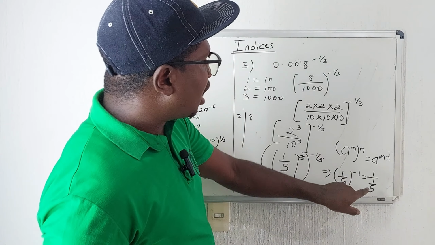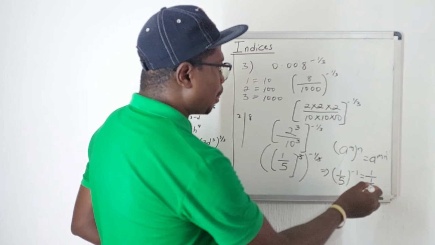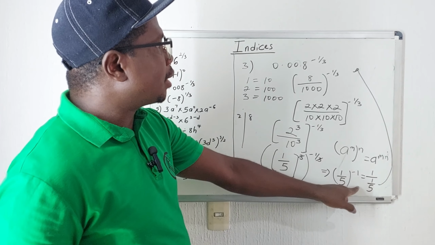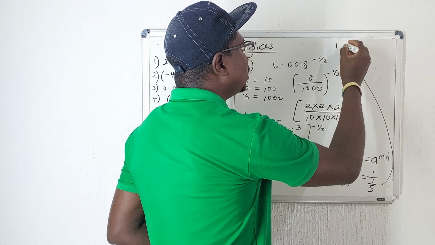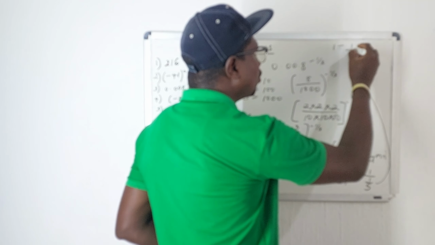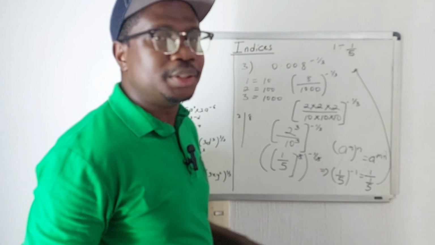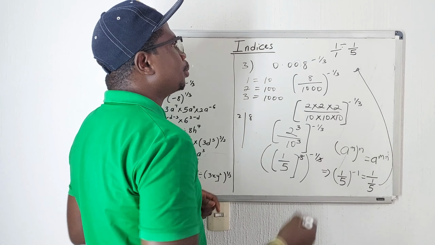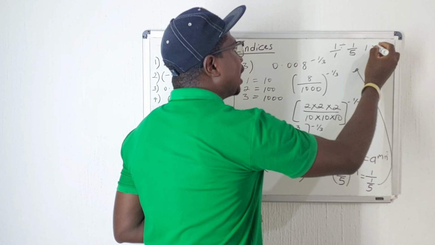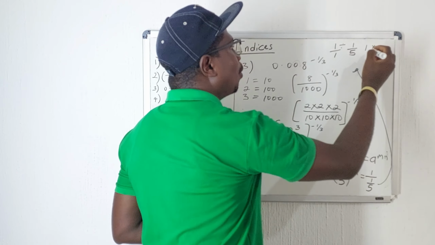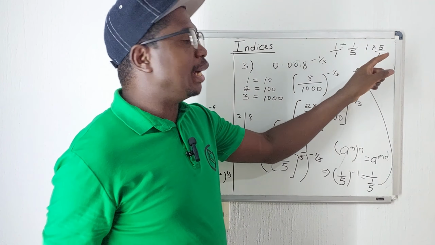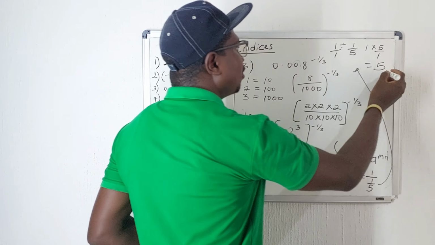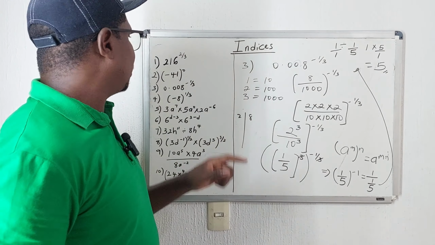If we have 1 divided by 1 over 5, we can complete this as 1 over 1. So we say 1 times 5 over 1. We change the sign and then we invert. So what will be the answer? The answer will be 5. So that is that for number 3.